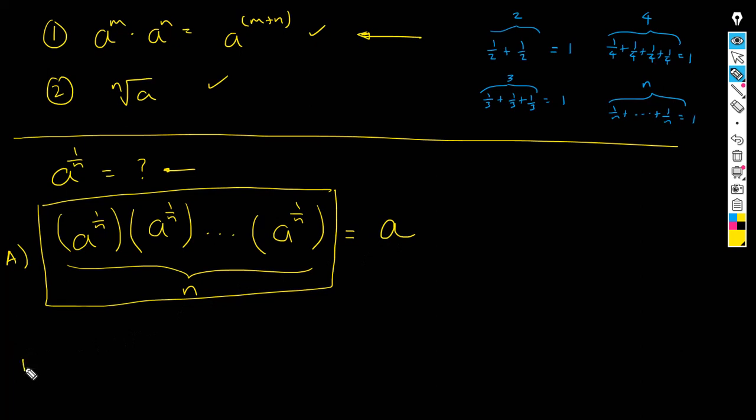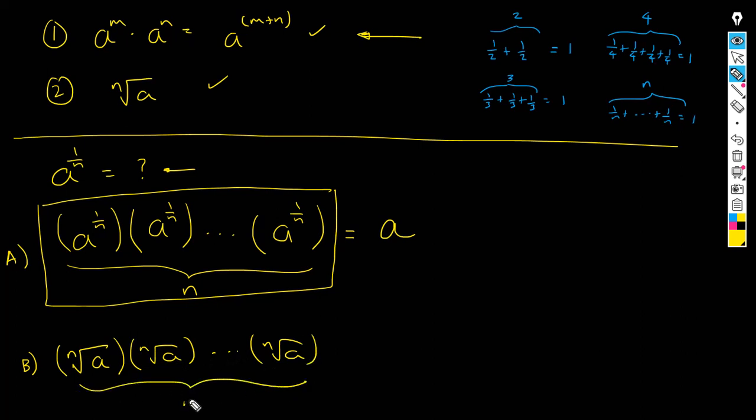Now for part B, let's consider one more time the definition of the nth root of a. The definition of this number has the property such that when you multiply it by itself n times, what do you get?